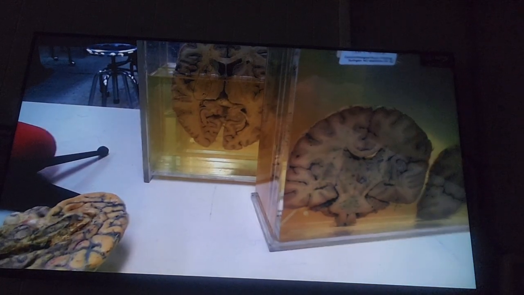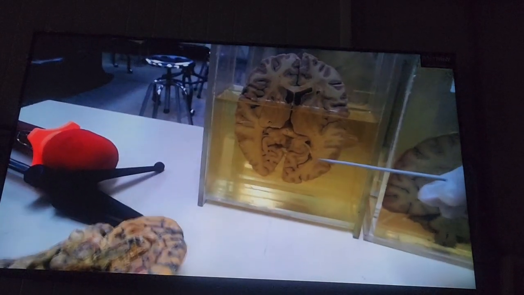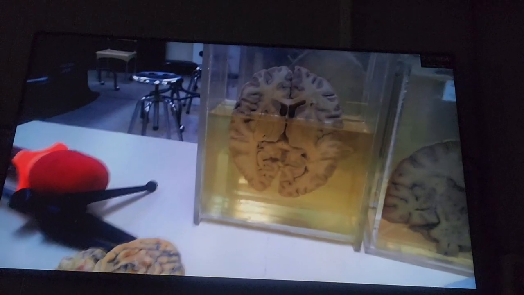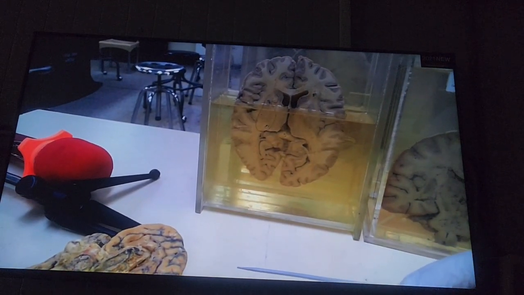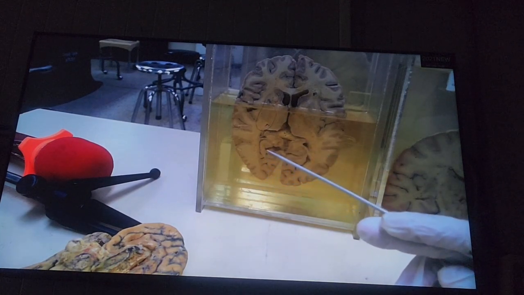The choroid plexus, you see here this choroid plexus, also in this specimen, choroid plexus of the lateral ventricle, are large and highly vascular, creating the bulk of the CSF.